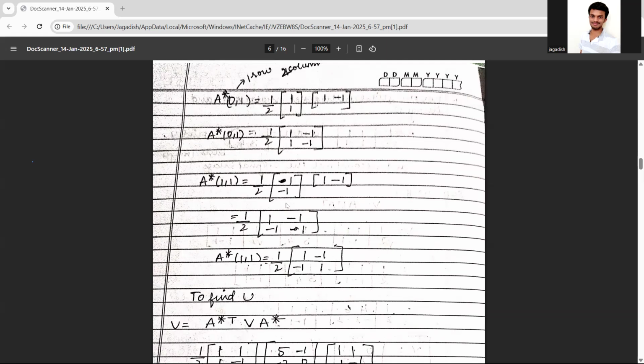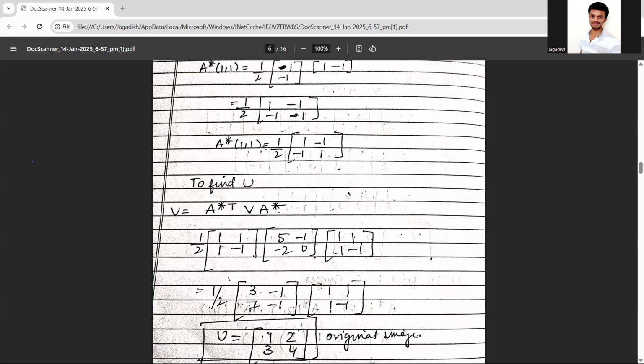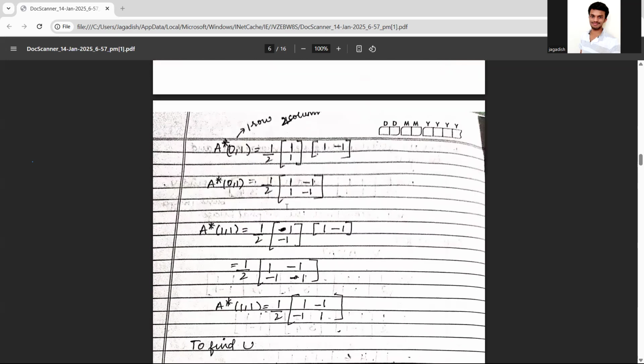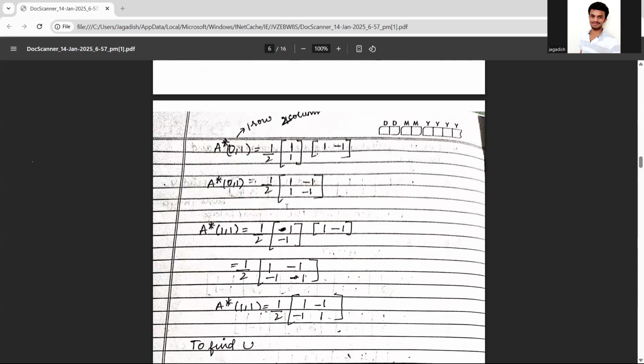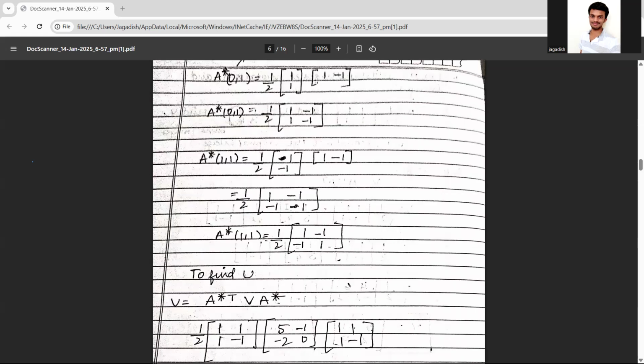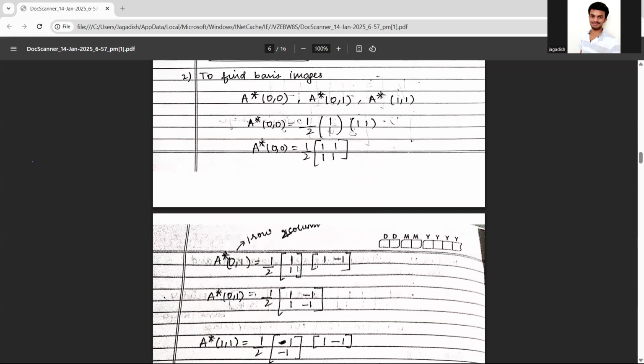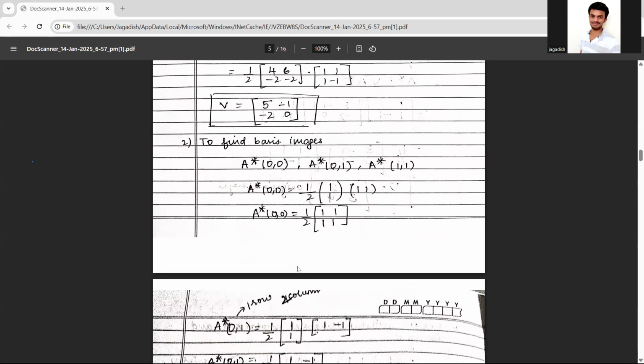To find U, you have to use this formula: A star transpose into V into A star transpose. Whatever A you have got, similarly that only you write here: 1 1, 1 minus 1. V is nothing but your image. The image V you got is 5 minus 2, minus 1 0.